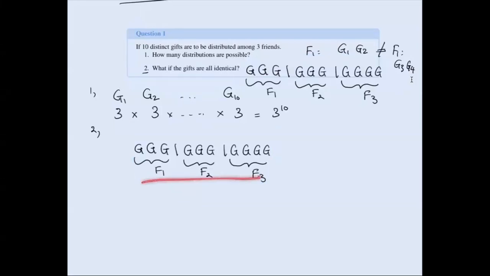So this one is saying that friend 1 received 3 gifts, friend 2 received 3 gifts, and friend 3 received 4 gifts.